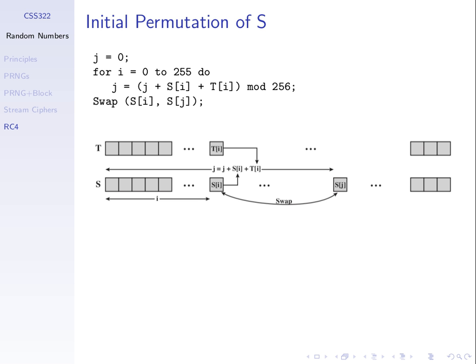Then we swap Si, S1, with Sj, which is S3. That is, from here, swap element index 1, which has a value 0, with element with index 3, which has value 3. Swap 0 and 3. And the new S becomes 1, 3, 2, 0, 4, 5, 6, 7.